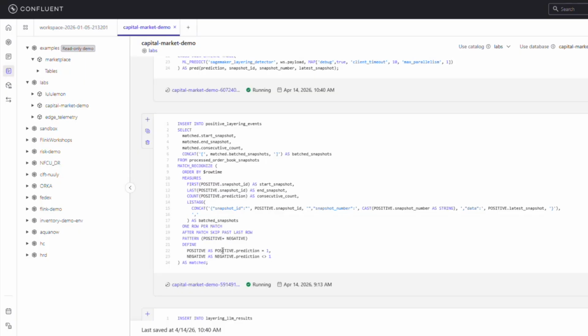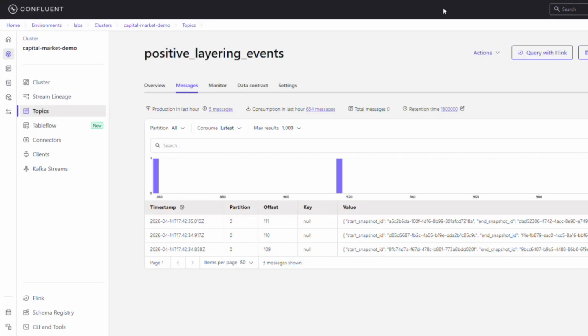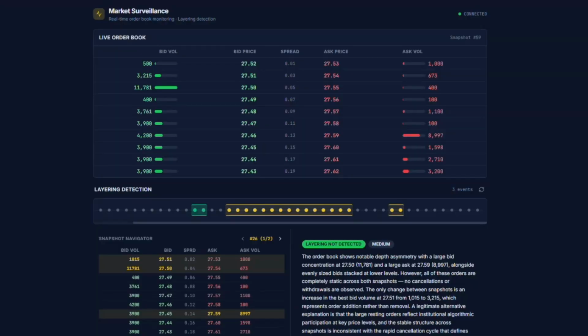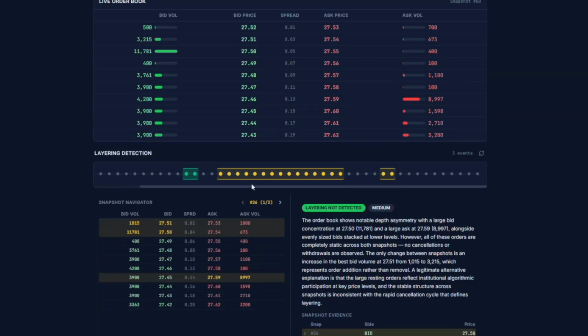This allows us to group the suspicious sequences together before sending them into Stage 2 for deeper analysis. As we can see here, the Flink job has produced 3 clusters and written them to the positive layering events topic. The cluster contains the full batch of snapshots, giving the Stage 2 large model the complete context it needs to investigate. As we can see on the market data screen, there are 3 clusters of suspicious activity.